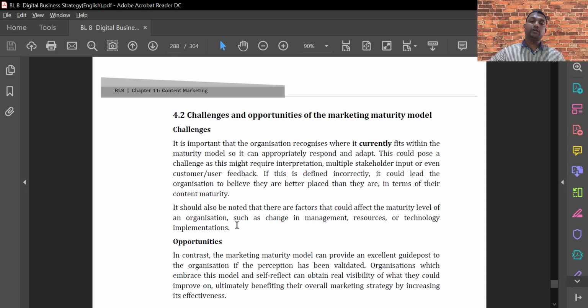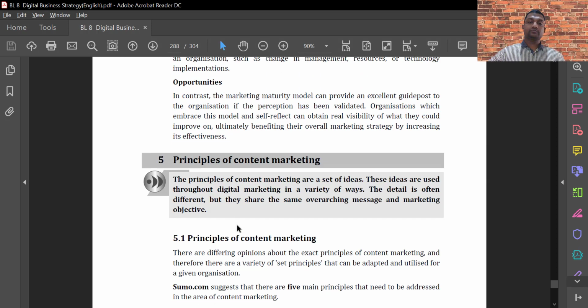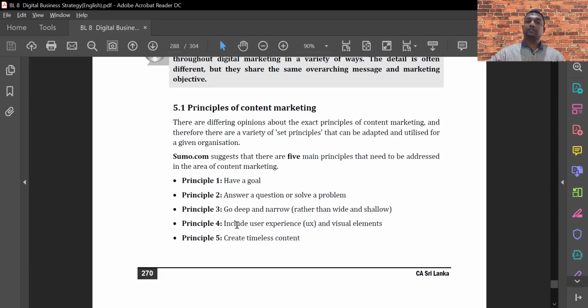So among them, there is only one answer. Principle 4 says include user experience, we call it UX, and visual elements, and this was suggested by sumo.com, which is one of the 5 principles it has suggested.